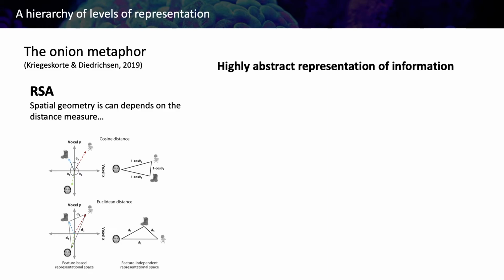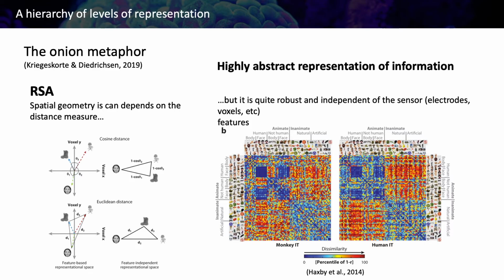But in the end, what you can get with these techniques is a highly abstract representation of information, because it has been seen that even when you are getting this information from different species, like a monkey IT, inferotemporal cortex, or a human IT, and then you present them with a lot of different stimuli, different categories, you can directly compare how information is mapped in this geometrical space in both species.